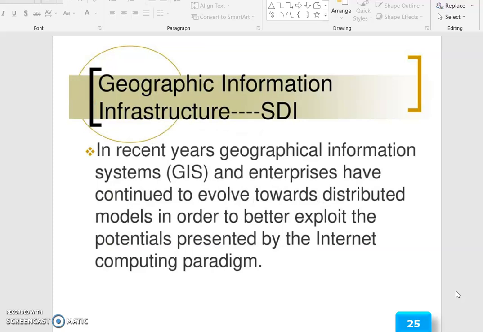So, geographic information infrastructure. In recent years, geographical information systems and enterprises have continued to evolve towards distributed models in order to better exploit the potential presented by the internet computing paradigm.